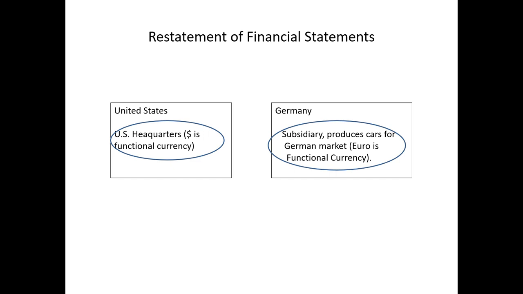Now, when you have a U.S. company whose functional currency and operations are in the United States, and by operations I mean they actually manufacture things in the United States, and you have a German subsidiary. Keep in mind, subsidiary means the parent U.S. headquarters owns the German company, but the subsidiary operates in the European economic environment, meaning it has its factories in Europe, it pays its workers in euros, it buys its inventory in Europe.